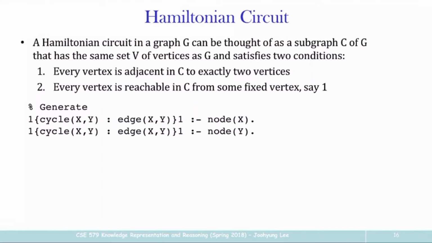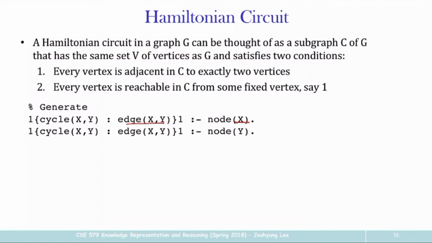We're going to use these two rules. Now you can read. In the first rule, x is a global variable, and y is a local variable. So for each node x, choose a particular x. Let's understand xy as an edge from x to y. This is a directed edge.